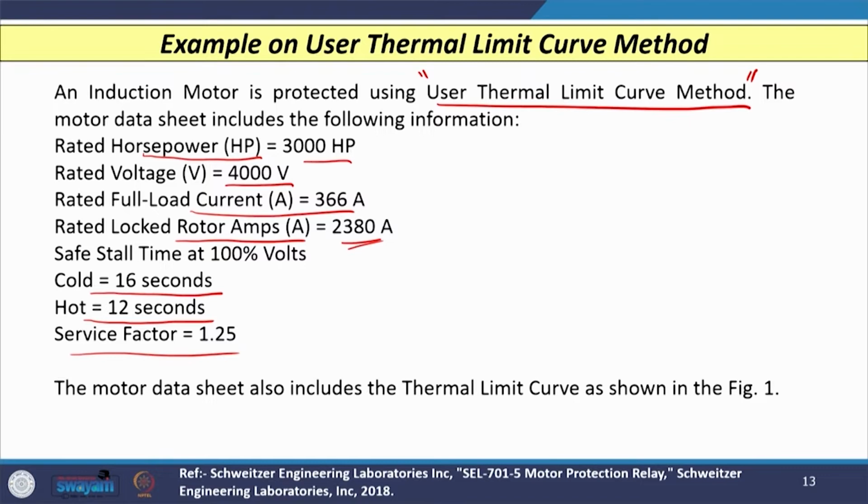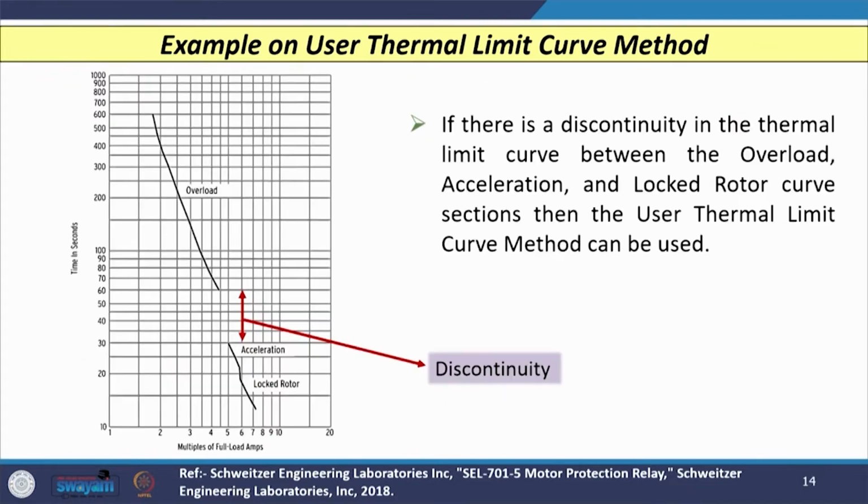The motor data sheet also includes the thermal limit curve, as shown here on this screen. You can see that in this curve on the x axis we have multiples of full load amps, and on the y axis we have the time in seconds, and in this curve 3 regions are clearly marked: one is the overload, another is the acceleration, and another is the locked rotor.